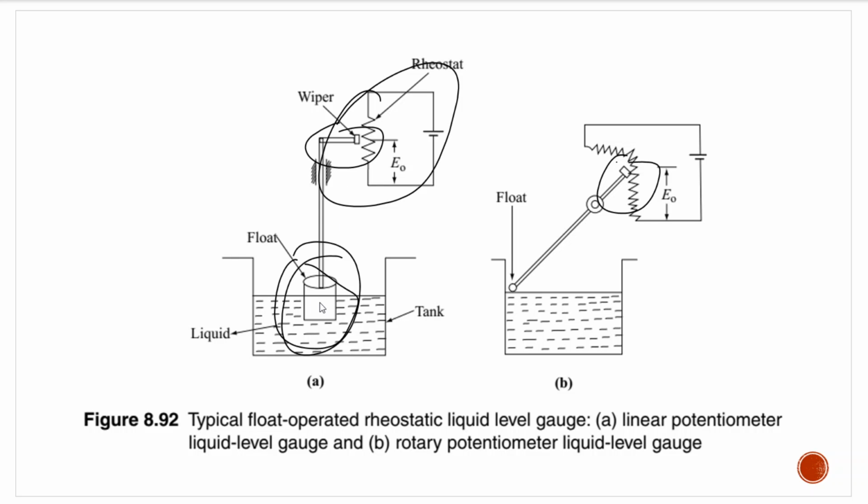The mechanical displacement of the liquid will be transformed first into mechanical displacement of this wiper. That will be transformed into an electrical change in resistance or inductance, which will cause generation of voltage. That measured voltage will give us the level at which the liquid is rising or decreasing. So this is the direct method.